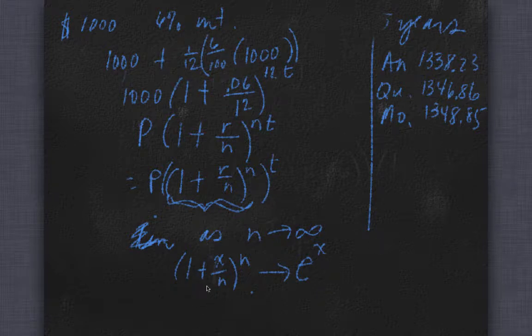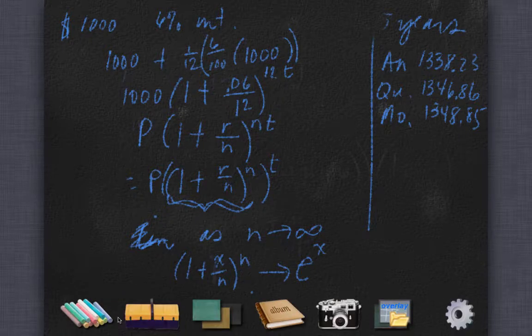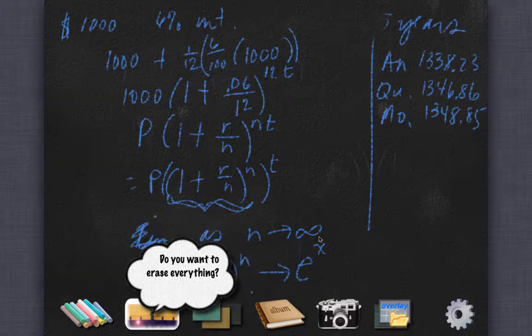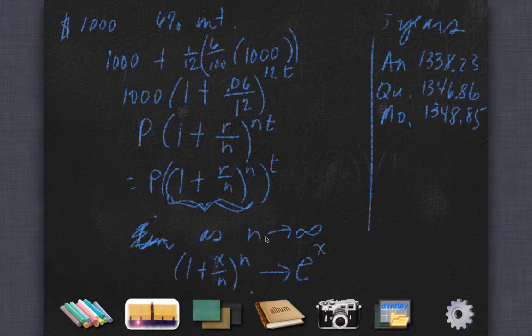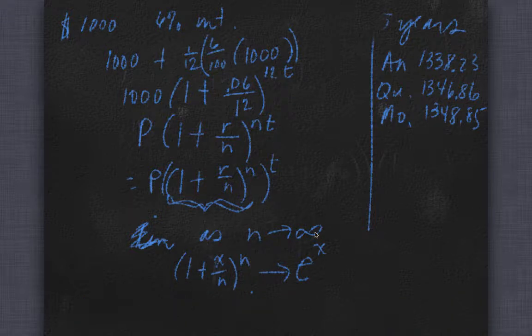So this was that 1 plus 1 over n to the n went to e as n goes to infinity, but actually this is also true. So you can see how this looks like that. So that means that as n goes to infinity, and n, remember, was the number of compounding periods per year. So if we want to talk about something continuously compounding, we want to let the number of compounding periods go to infinity.